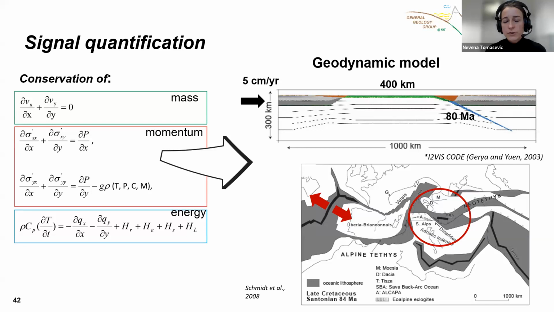Here, different colors represent different compositions. Different shades of gray are continental crust, different shades of green represent oceanic crust, and sediments are brown. We started the model with the assumption that in the Cretaceous we still had an ocean and that the oceanic lithosphere is around 80 million years old, and the entire system was closing by a push from the left, so from Adria.